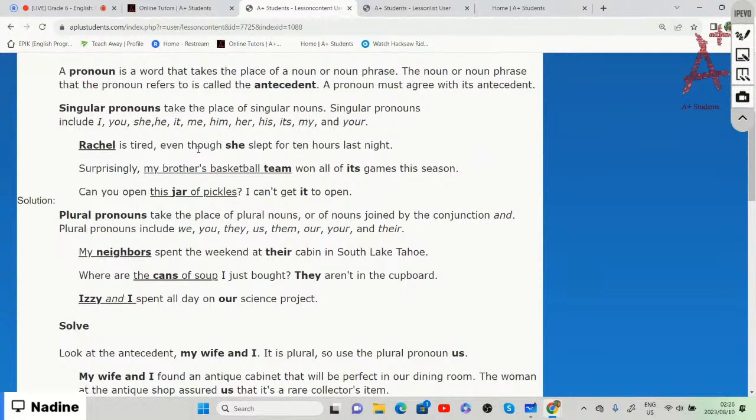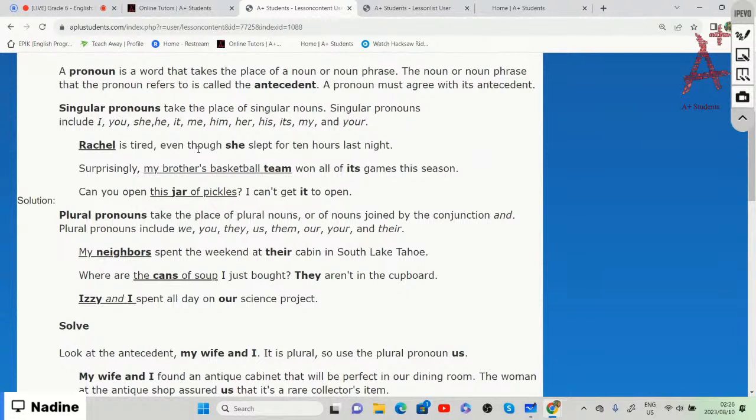And then we have, can you open this jar of pickles? I can't get it open, right? So if we select the antecedent, we will say it is "jar" or "this jar of pickles," and then "it" being the pronoun. So that is basically singular pronouns.